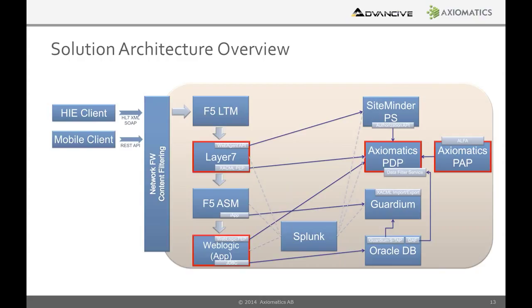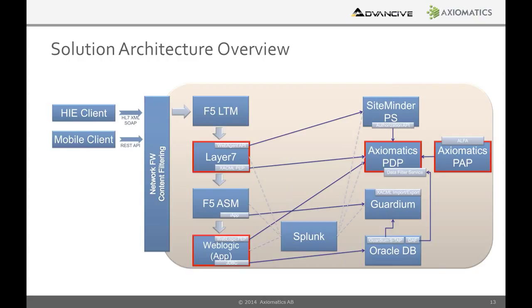Obviously, Layer 7 is the API gateway that exposed and protected the APIs out to the clients. WebLogic is the application server that runs the backend logic for the APIs, and the Axiomatics Policy Server was responsible for enforcing the authorization security policies.